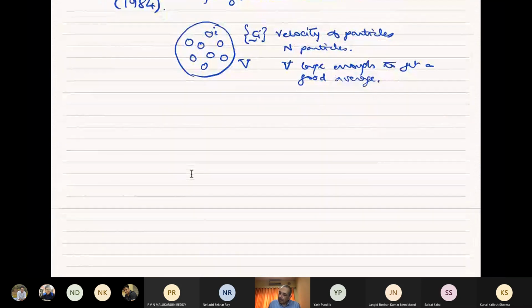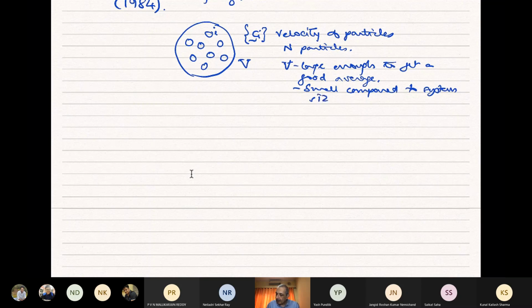So then, it has to be small compared to the system size. Okay.